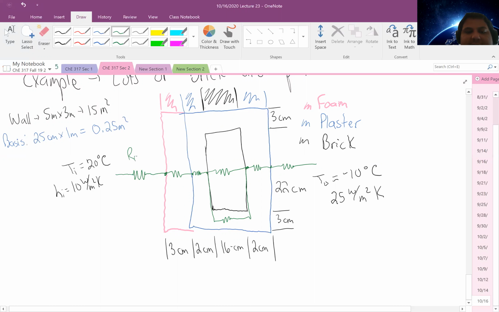So I have convective here, a foam layer, a plaster layer, brick layer, another plaster layer, and then another convection. Does everyone kind of see how I was able to draw that resistance model and how I was able to define this system?